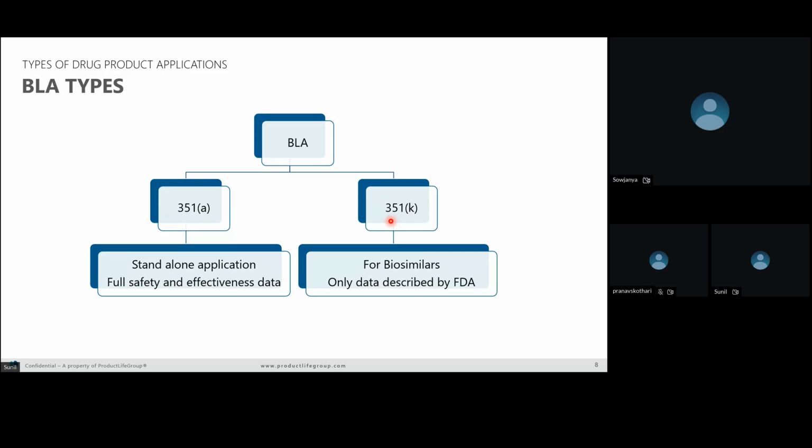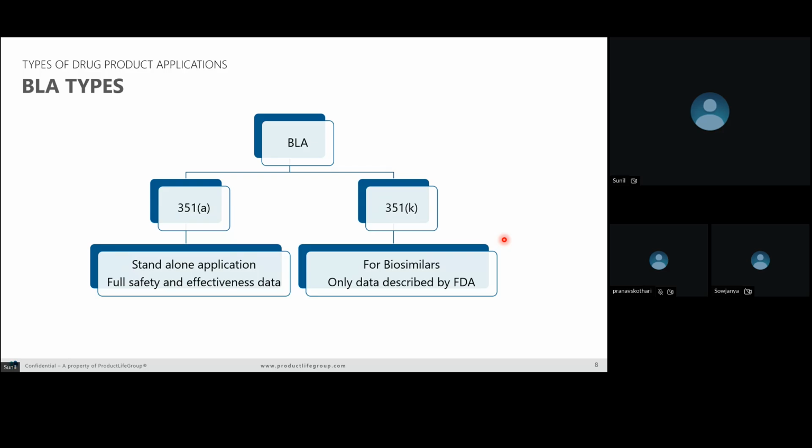For biosimilars, there is a guidance. For specific types of biosimilars, there are specific guidelines in US FDA. If you go to the guidance section, there will be a section on biologics. Suppose your product is low molecular weight heparin, like enoxaparin. Enoxaparin is a kind of biologic product. For low molecular weight heparins, you don't have to do a bioequivalence study. You have to do a biosimilarity kind of clinical trial.